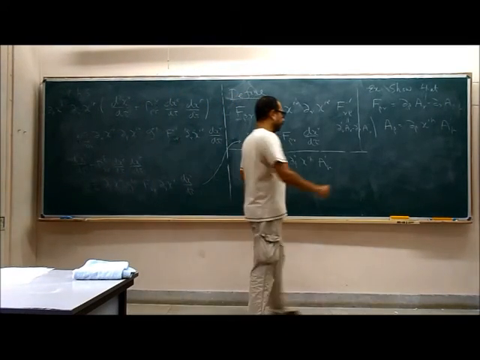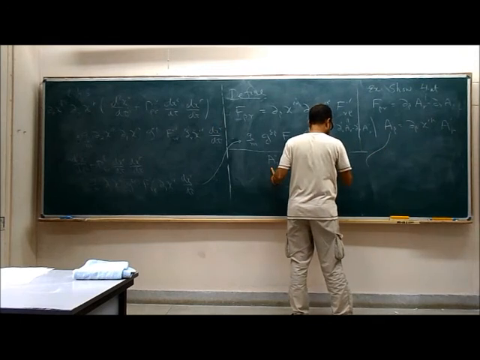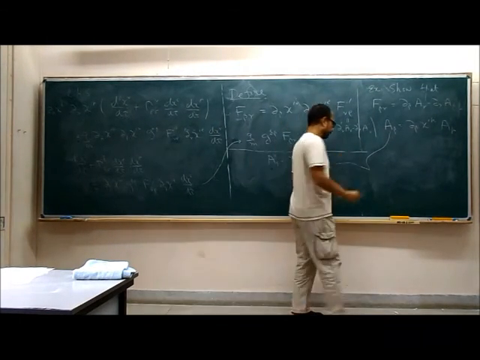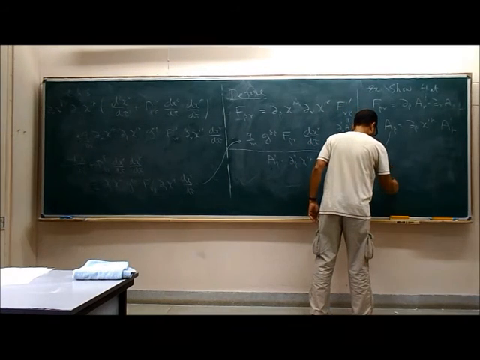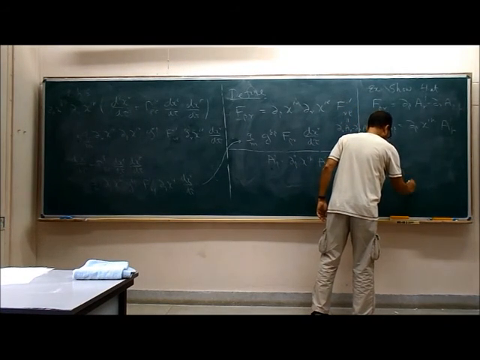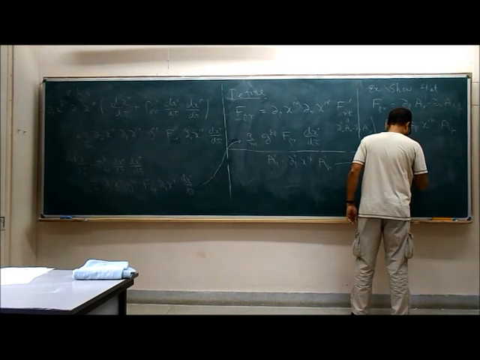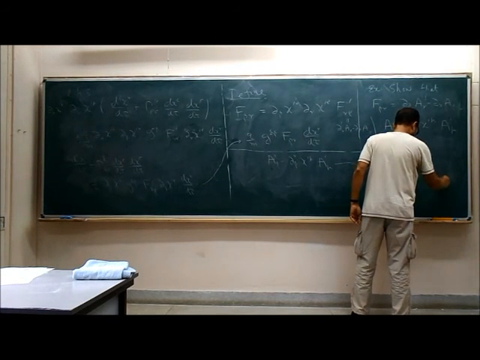And then we can combine these two pieces of information to find the relationship between A double prime beta and A beta. A double prime beta will be del x alpha over del x double prime beta times A alpha.